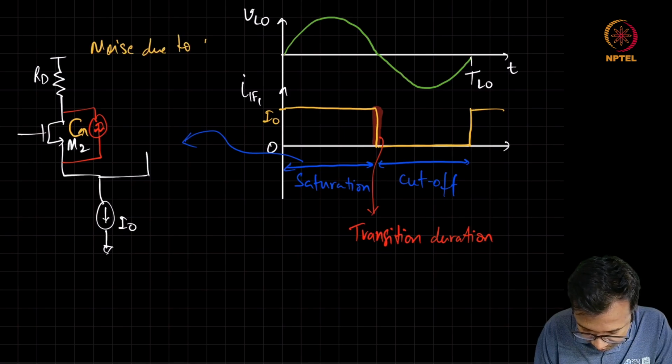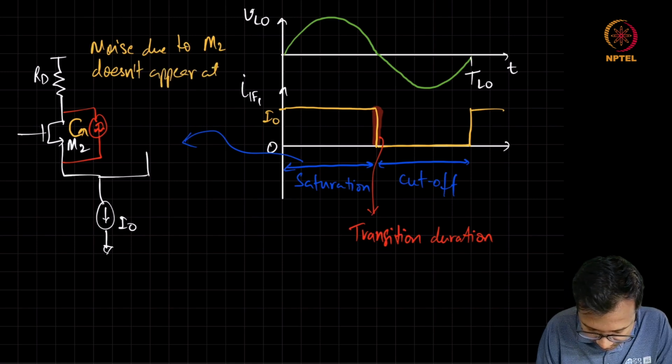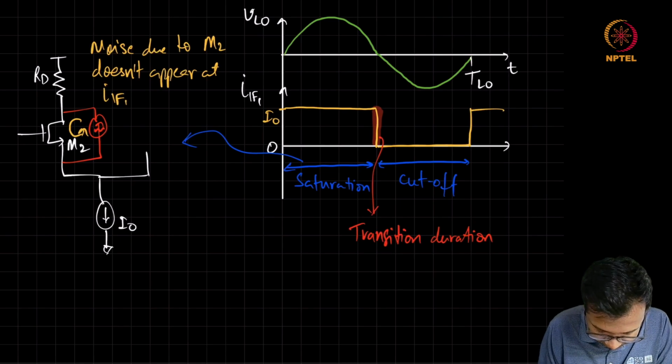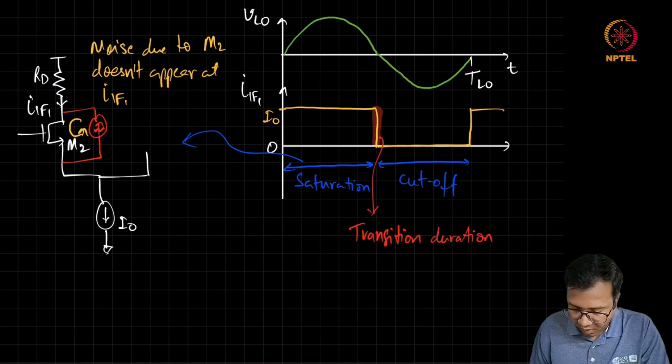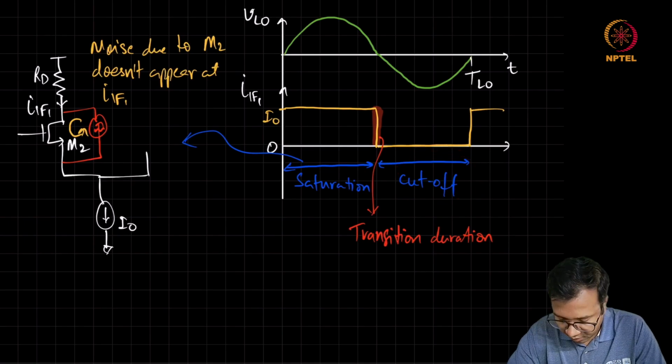So there is no noise due to M2 present here at IF1. And anyway, when M2 is in cutoff, again it is not going to add any noise.